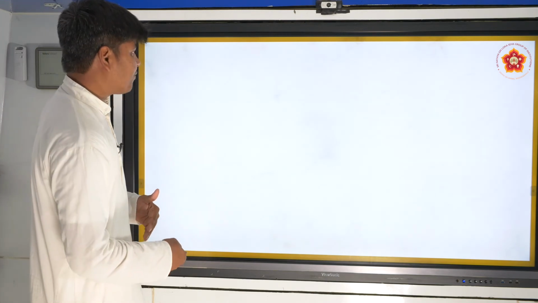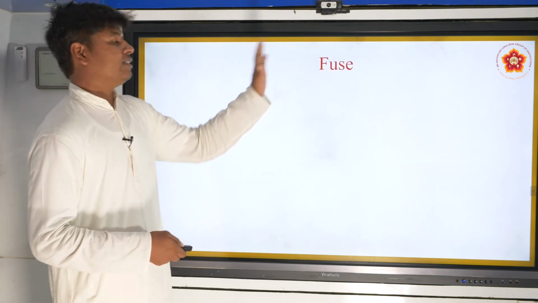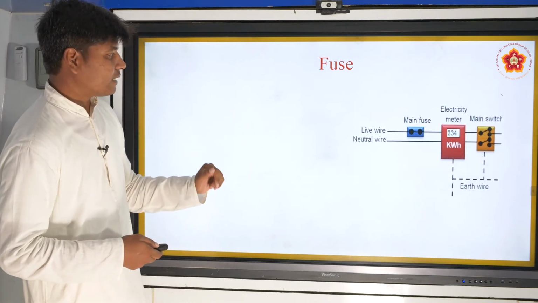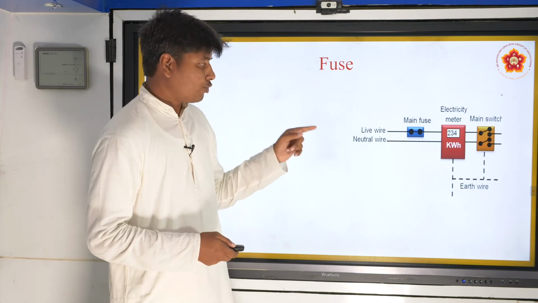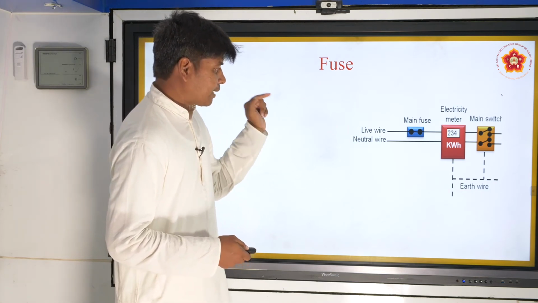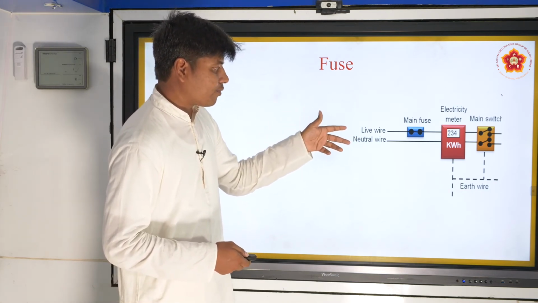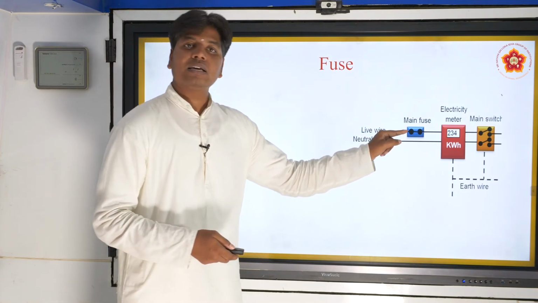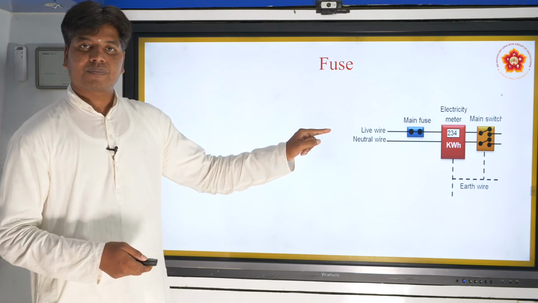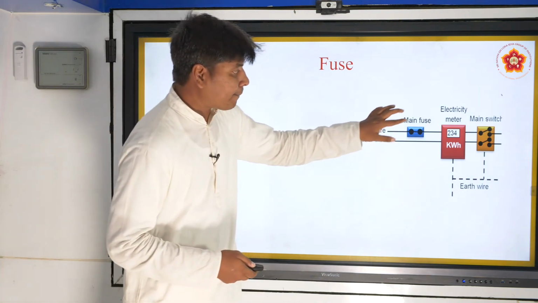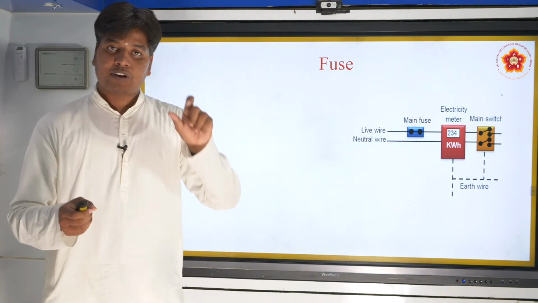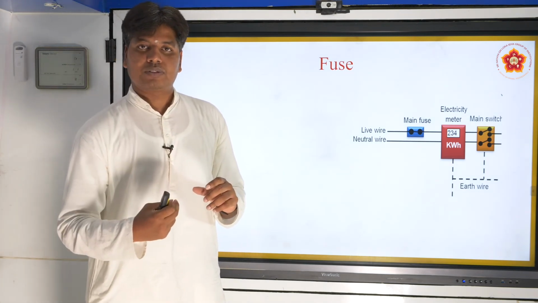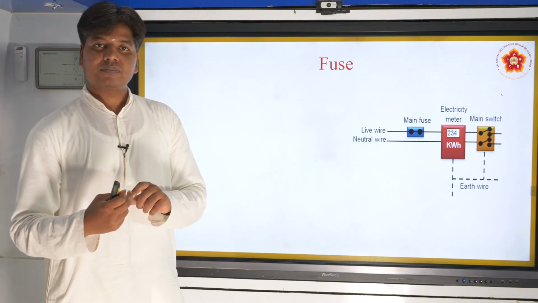In order to prevent this, we have this ingenious instrument called a fuse. As you can see in the first diagram I have shown you, from the substation or transformer, the live wire and neutral wire are coming, and the main fuse is in series with the live wire. You have separate fuses for separate circuits: a 5 amp circuit has a separate fuse, and a 15 amp circuit has a separate fuse.